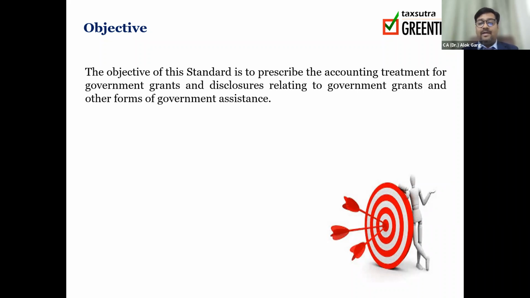And when I said government assistance, just to clarify, although I'll discuss this in detail, government grants are those grants which have some monetary value, where the value is placed on it.